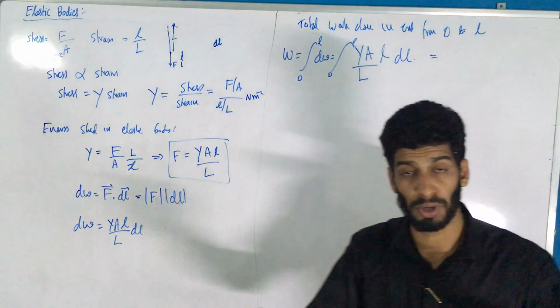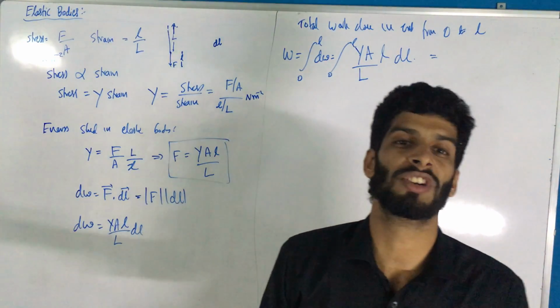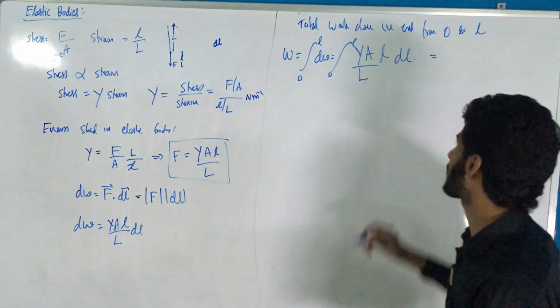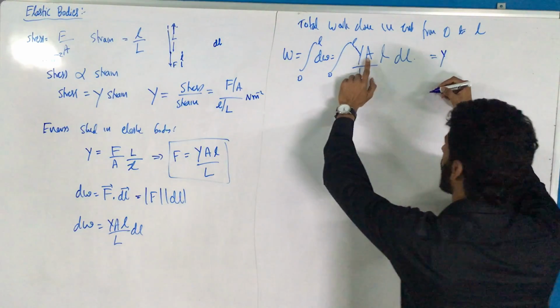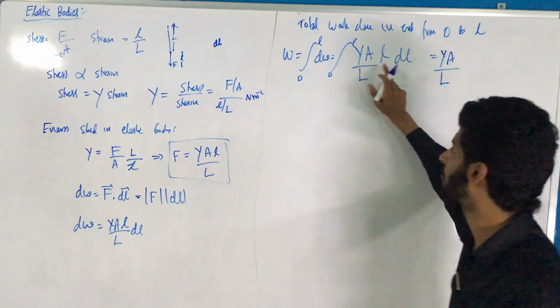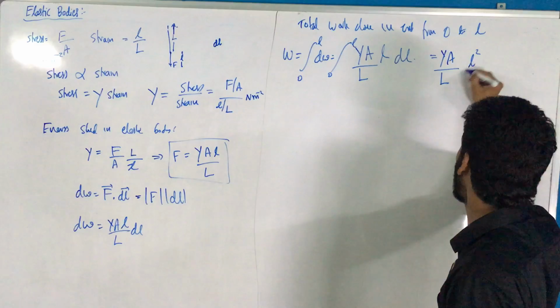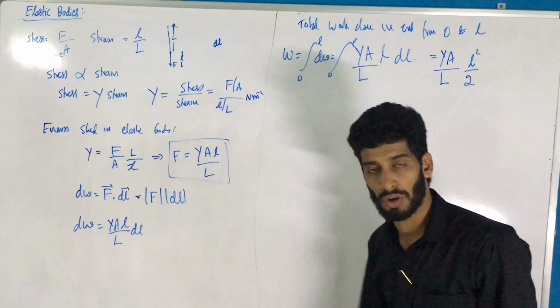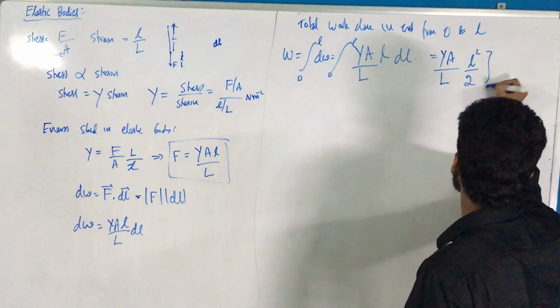Remember, Young's modulus for the particular elastic body is just a constant, and I'm going to take it outside. Area is also constant, capital L is also constant. So the integral of l dl is just l squared by 2. The limit is applied from 0 to l, so I'm going to write it as it is, 0 to l.